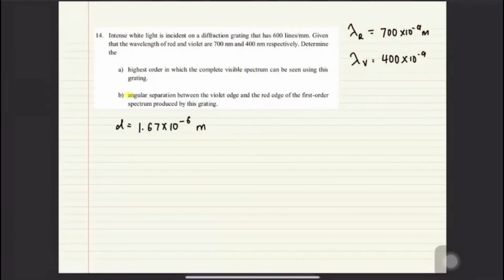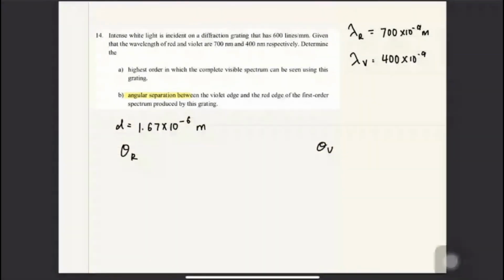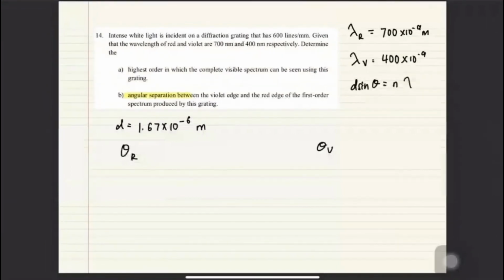Angular separation. So basically you have to calculate theta untuk red and theta untuk violet separately. So to calculate theta, you basically have to use yang formula yang satu tu je lah. D sin theta equals to N lambda. So we want to use D sin theta equals to N lambda. Okay, so yang ni memang dia cerita pasal bright ya.